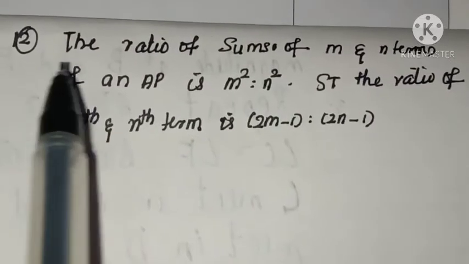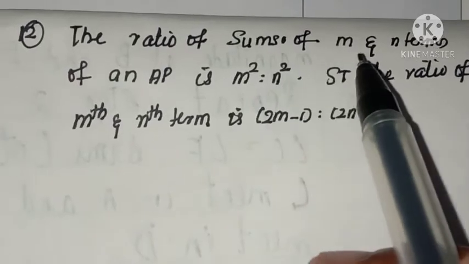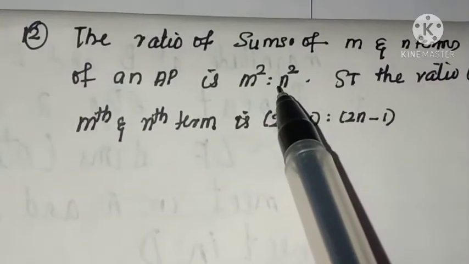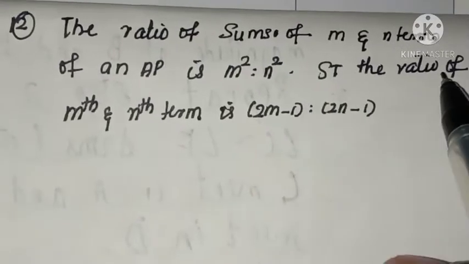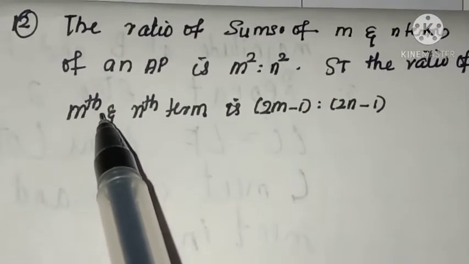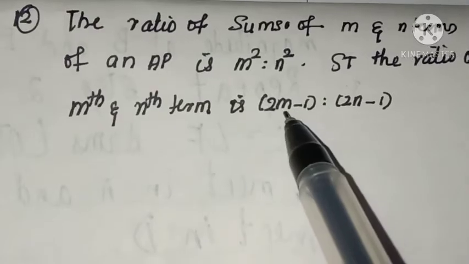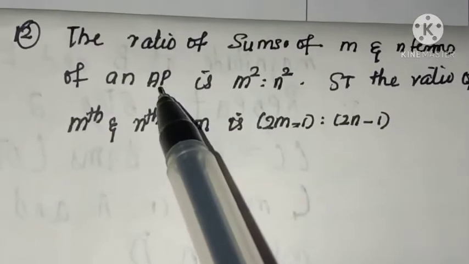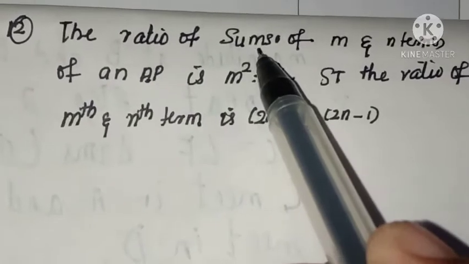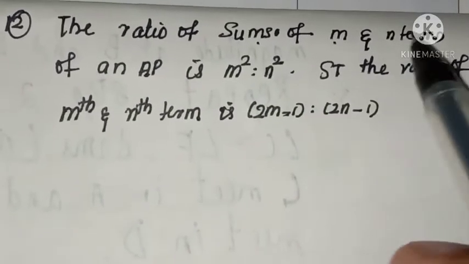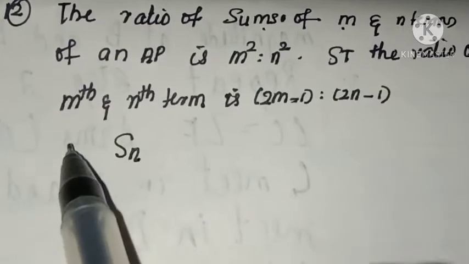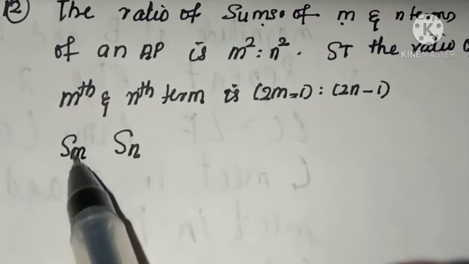Number 12. The ratio of the sum of m and n terms of an AP is m² is to n². Show that the ratio of the mth and nth term is (2m − 1) is to (2n − 1). Listen, we have an AP. Sum of m terms and n terms. Sum to n terms is S_n. Sum to m terms is S_m.